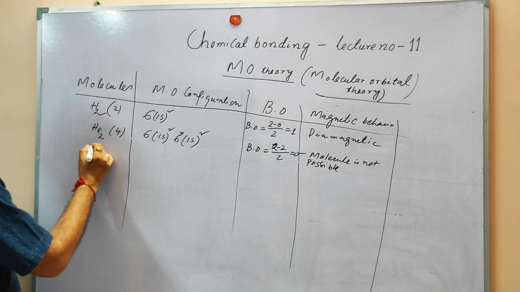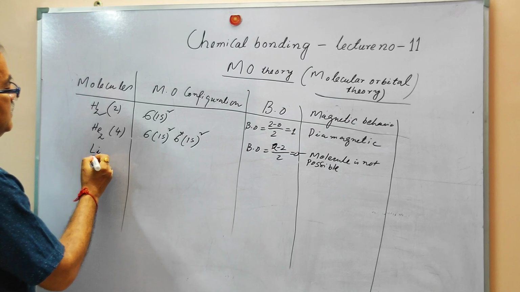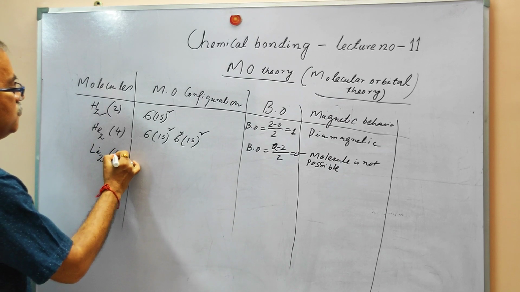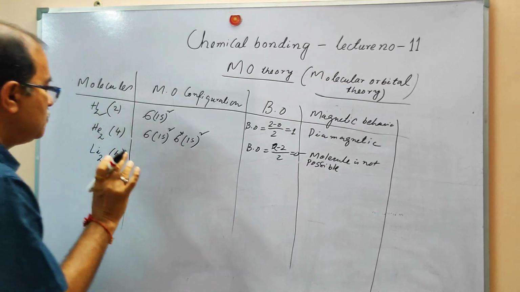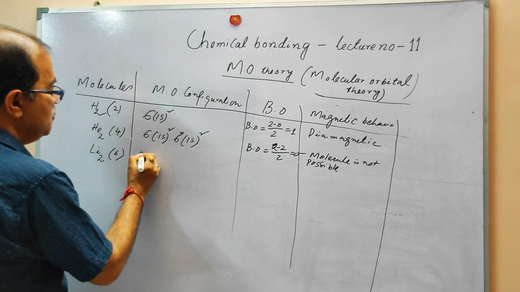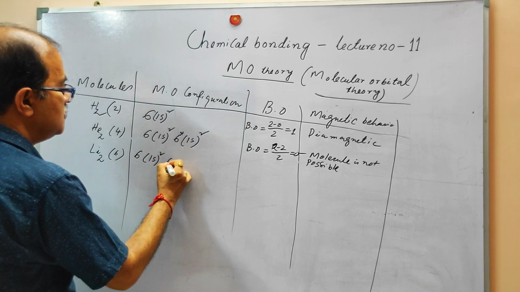Then we are taking another example, that is lithium 2. Now see whether lithium 2 exists or not. Lithium has 3 electrons in the atom, so the molecule will have 6. So the electronic configuration will be this.